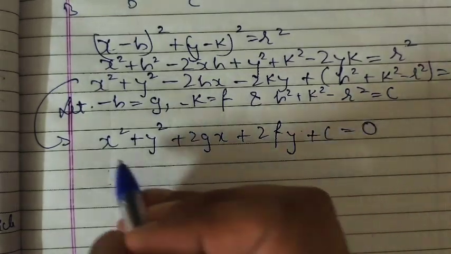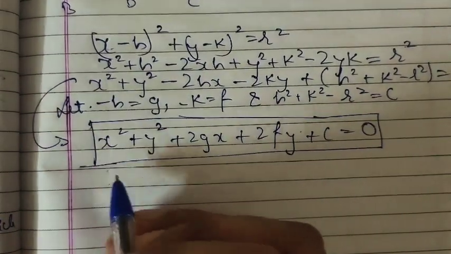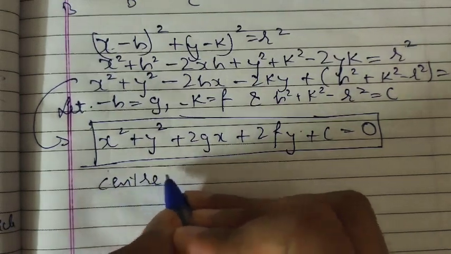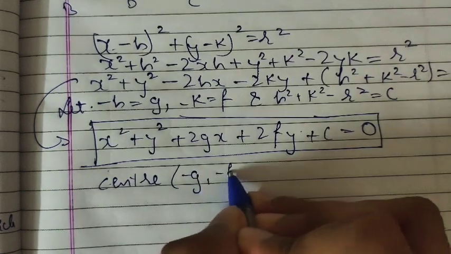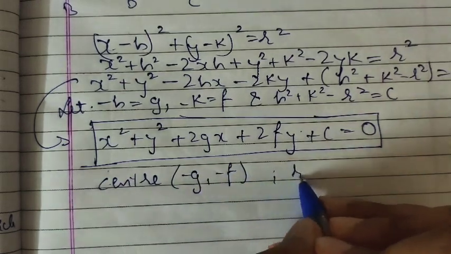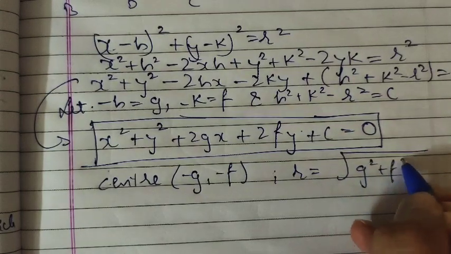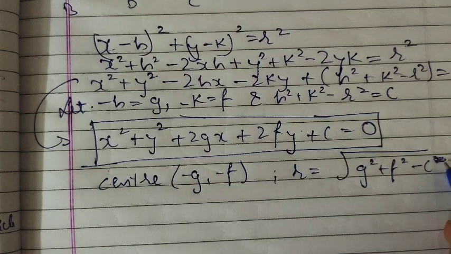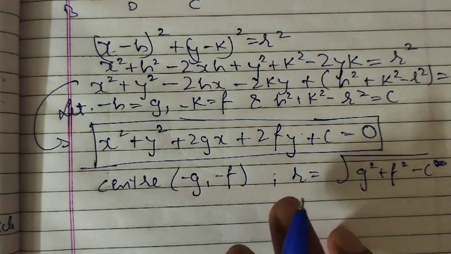So this is what I call the general equation of a circle, where the center of the circle is (minus g, minus f), and the radius of the circle is the square root of g square plus f square minus c. So this is the general equation of a circle using these coordinates.